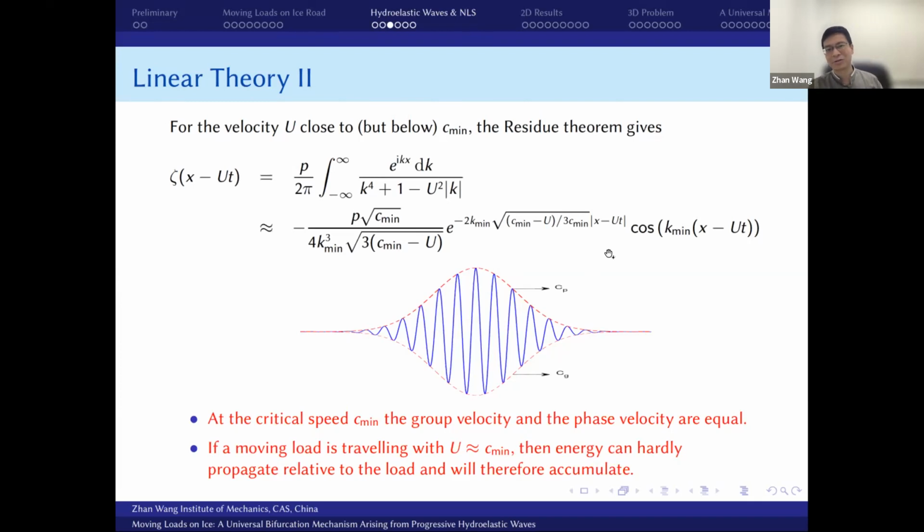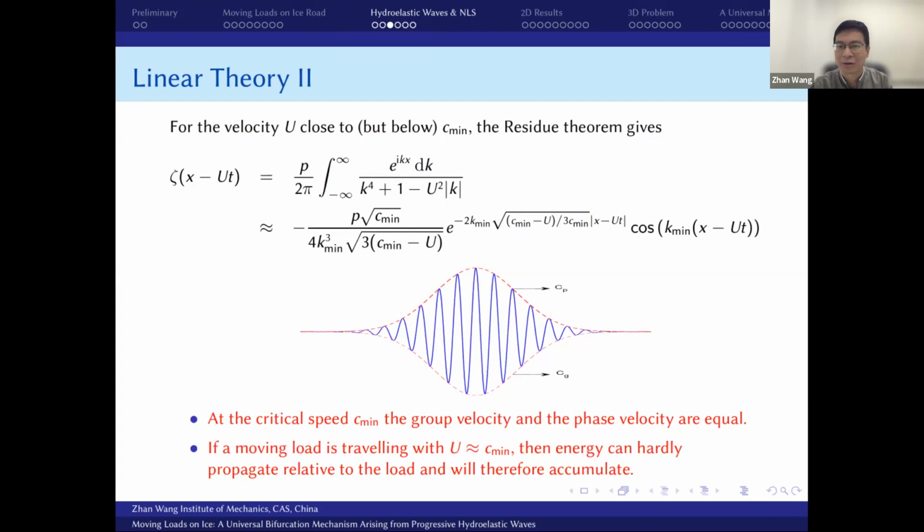There are a lot of interesting phenomena in this expression. Number one, the solution consists of a carrier wave, a sinusoidal wave, and an envelope, an exponential decay envelope. Number two, the speed of the carrier wave, the speed of the envelope, and the speed of the load are all the same.